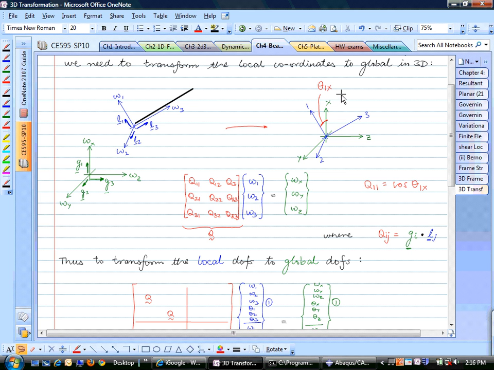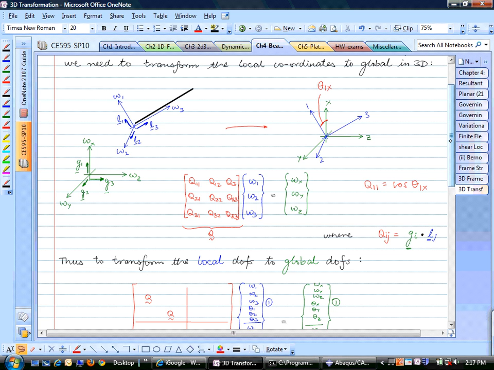Does that make sense? So if you take the dot product of L1 with G1, that's cosine of this theta 1x, and that's equal to Q11. That's how you construct a transformation matrix in 3 dimensions from one system of coordinates to another system of coordinates.